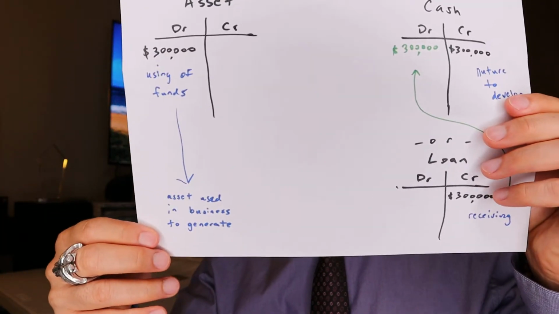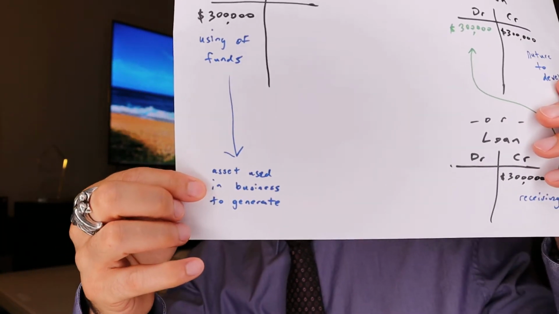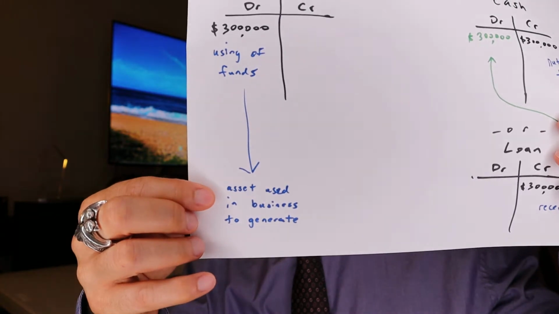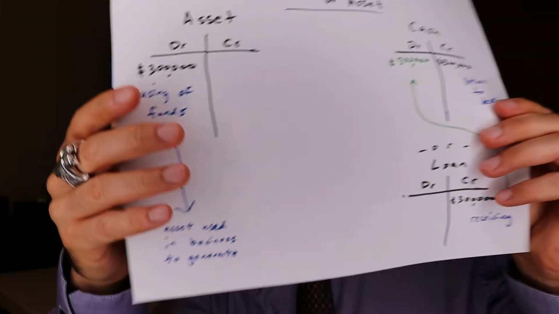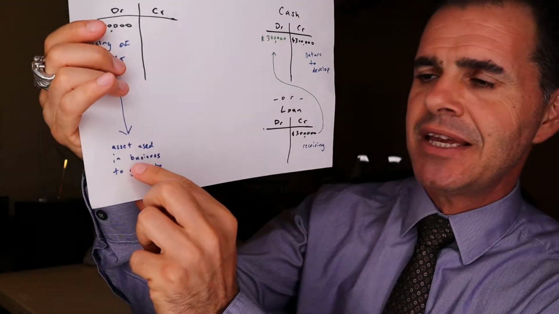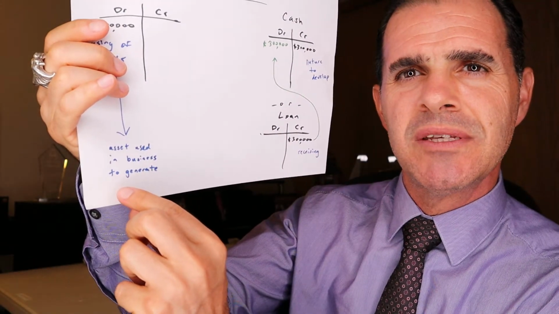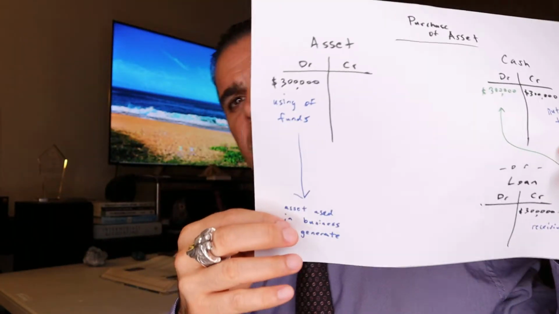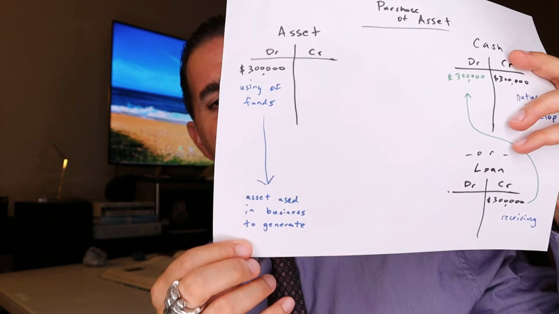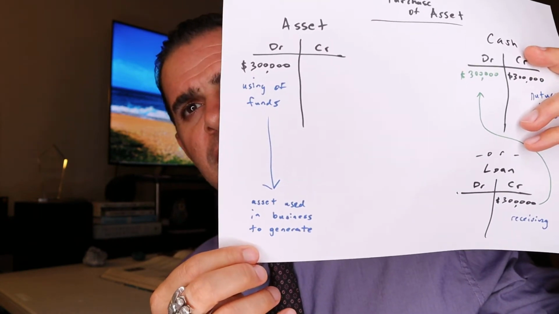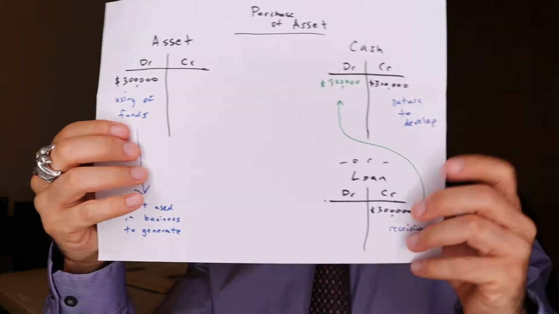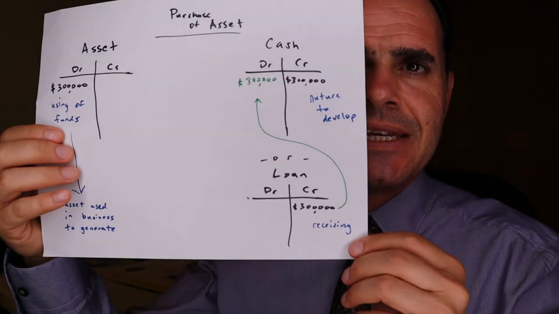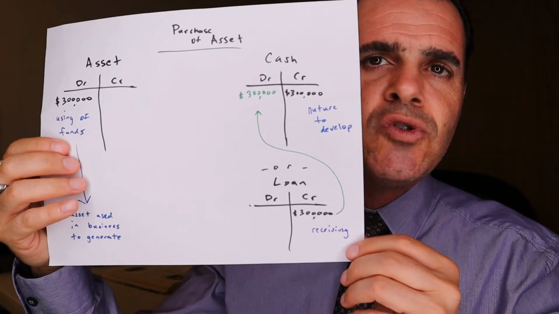And we will use the assets. We're going to develop the business and we're going to generate revenue with these assets. So the assets are very yang in nature because they're used to develop and build the business. But we have to see the yin of it too, and that's the using of the funds.